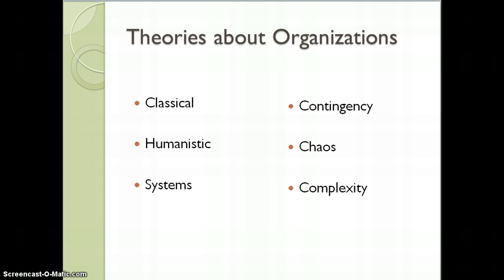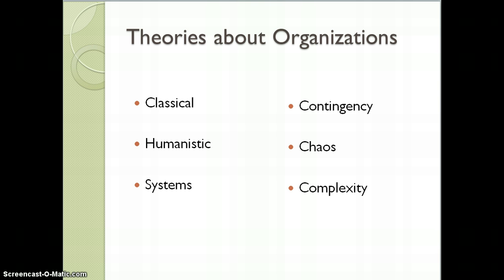So my example here would be if you were designing two different organizations. One is a women's prison facility and one is a women's birthing center. You would design those organizations and structures very differently because of the nature and the intent of what the organization does. So that's an example of contingency theory.